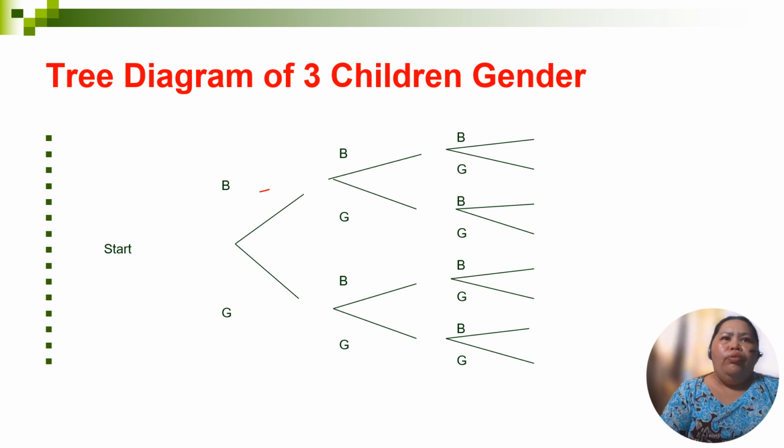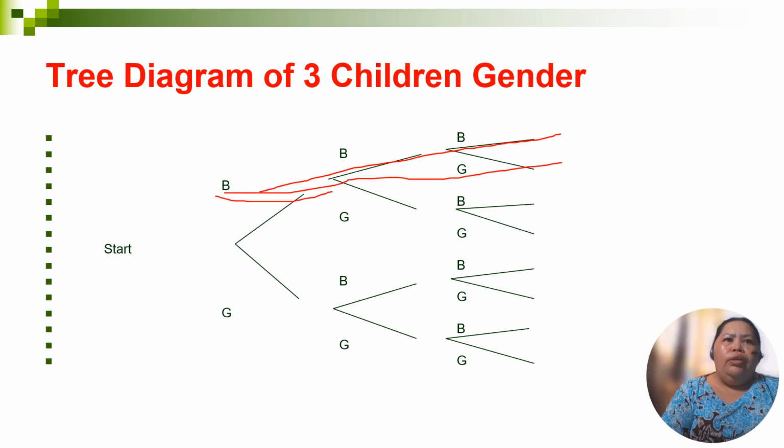So we have boy, boy, boy, boy, boy, boy, girl, boy, and so on and so forth. Just like that. If you can count this: 1, 2, 3, 4, 5, 6, 7, 8.